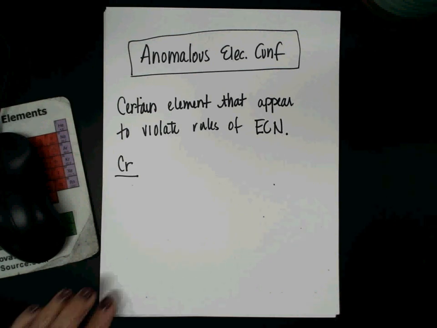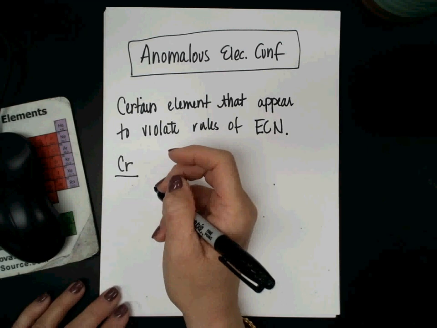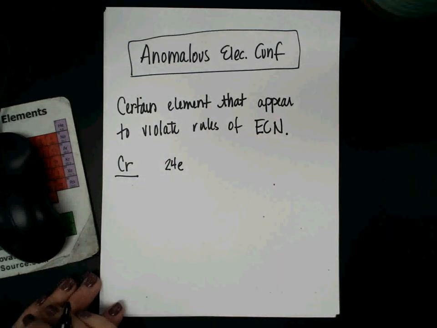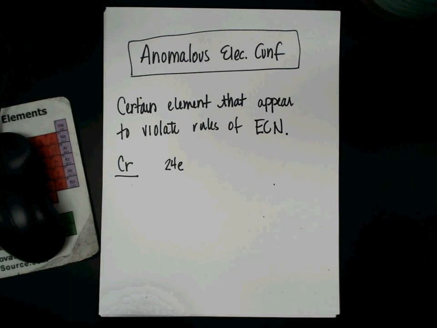How many electrons does chromium have, Rachel? 24 electrons. Now, I don't care if you write out all the arrows or if you just do shorthand, if you're good enough to do that. I want you to write out what the orbital shorthand would be for chromium.